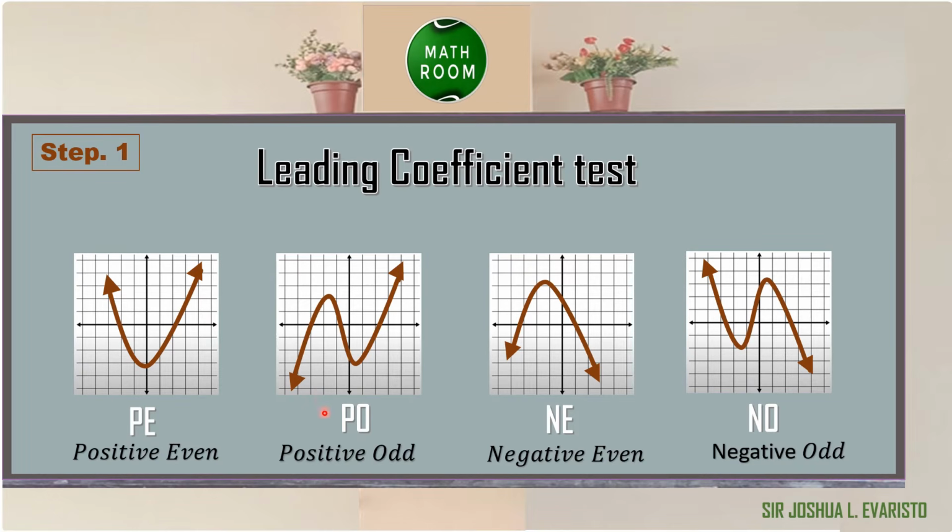If the leading coefficient is positive and the degree is odd, it falls on the left and it rises on the right hand. If the leading coefficient is negative and the degree is even, it falls on the left and on the right hand. If the leading coefficient is negative and the degree is odd, it rises on the left hand and it falls on the right hand.